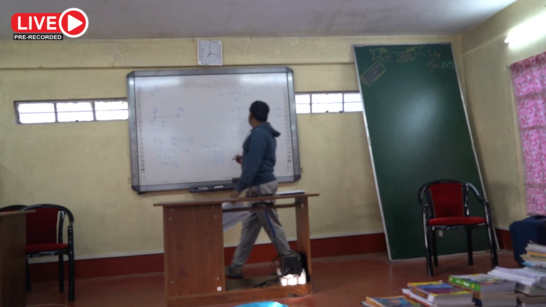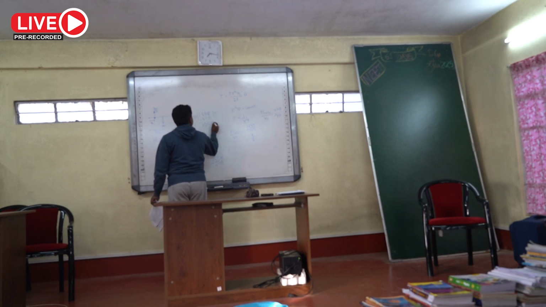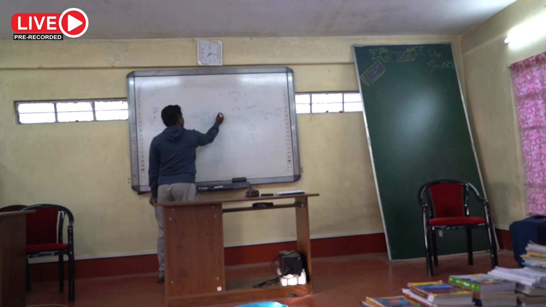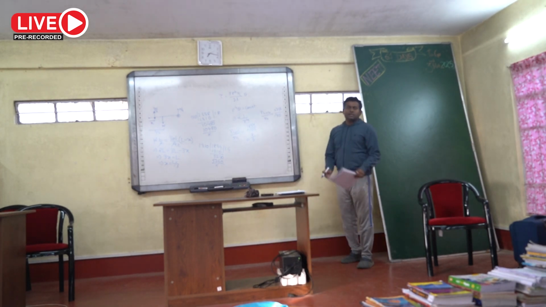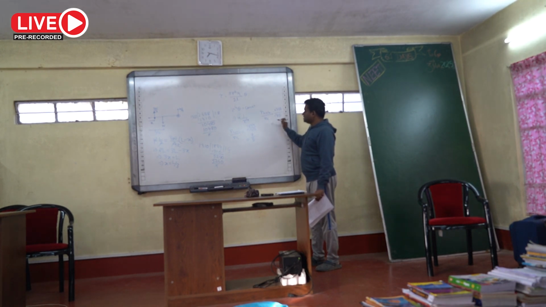Divide 2358 by 1310. Divide the third one by the first one, then it will become 1.8. 1.8 means 18 by 10, that is 9 by 5.